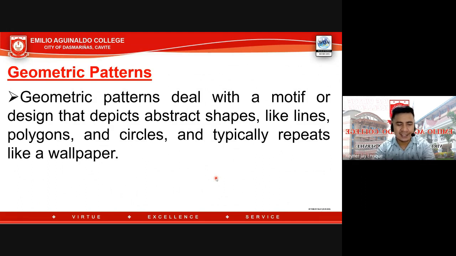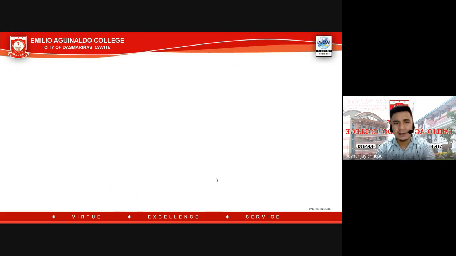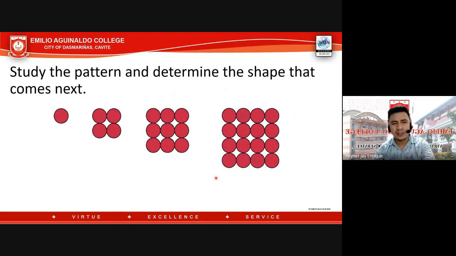And this is observable, no? Madali siyang ma-observe. Let's say, for example, in our first problem, study the pattern and determine the shape that comes next. We have here 2 by 2, then a 3 by 3 box formed by circles, then 4 by 4.